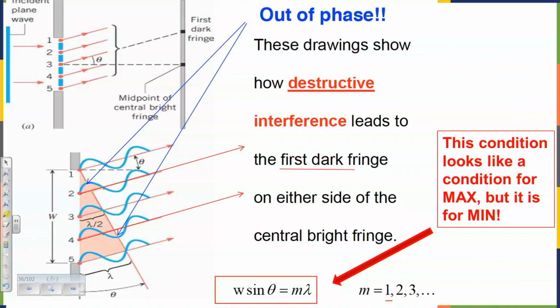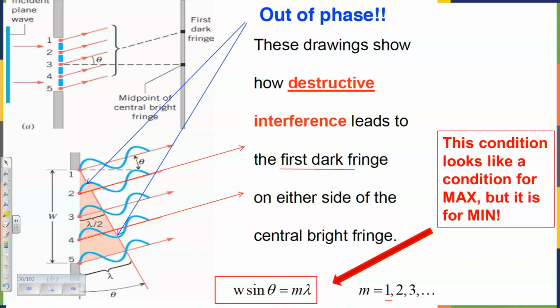Of course, it's a triangle. That's the width of the slit. And if we use this triangle, this will be equal to hypotenuse times the sine.